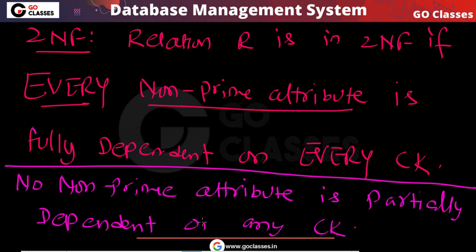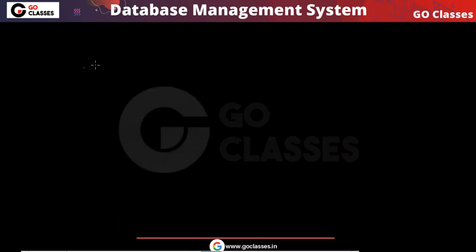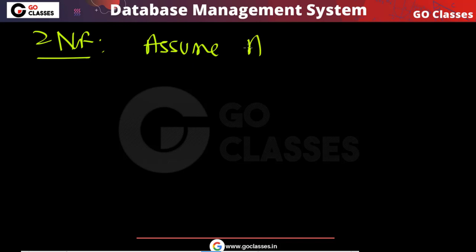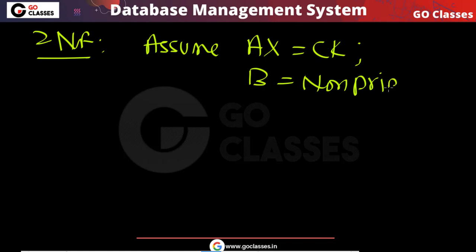You can notice every non-prime attribute must be fully dependent on every candidate key. So let us assume the concept is like this. Let us assume AX is a candidate key, and let's assume that B is a non-prime attribute.